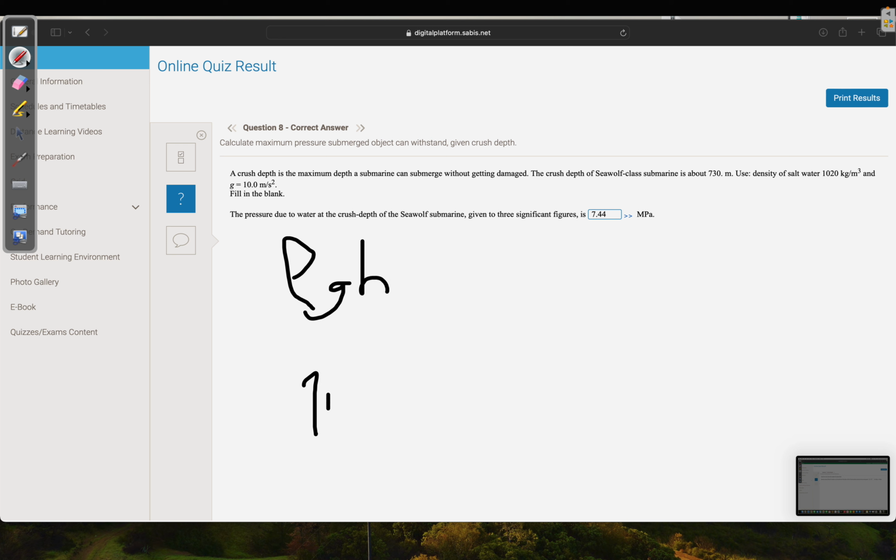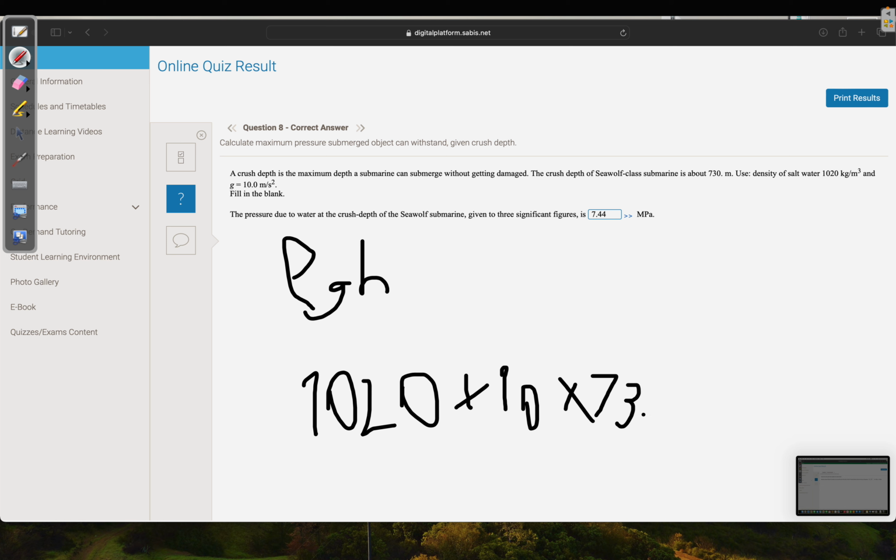So we're going to do 1020 times 10 times 730, which will give us 7,446,000.